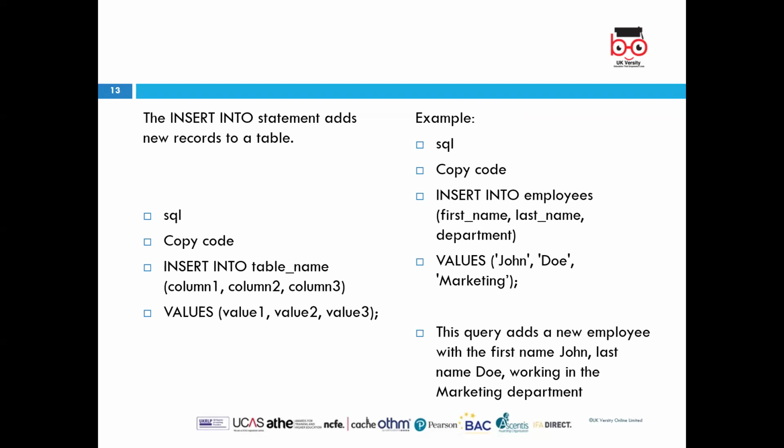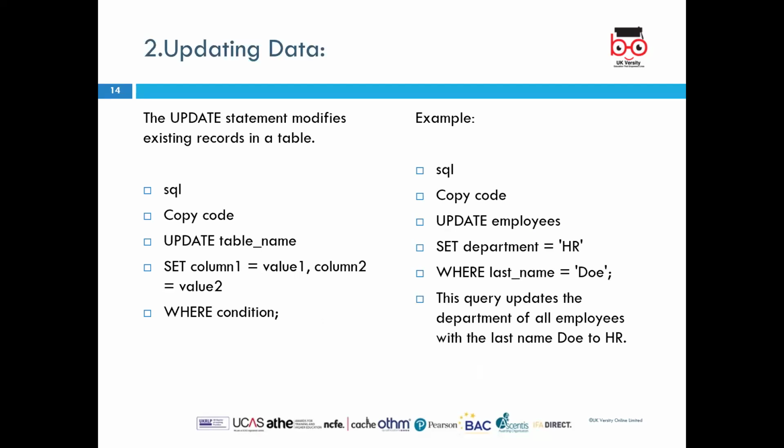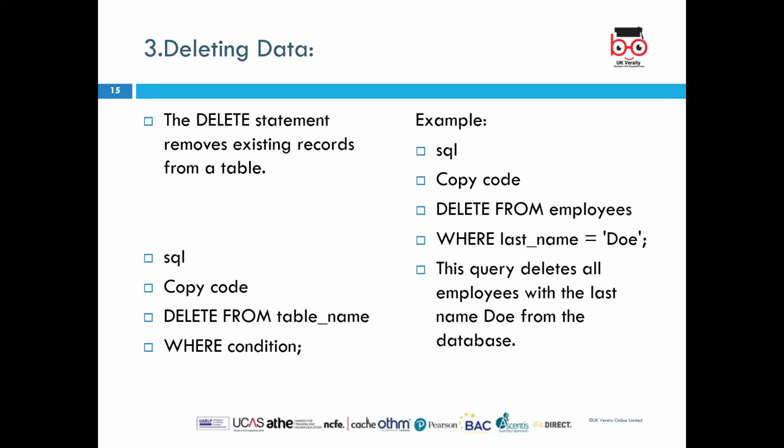For instance, we can insert into a table with column 1, column 2, and column 3, and the values could be names such as John, Matthew, marketing. With update, we can modify existing records in our table. And delete allows us to remove existing records from our table.